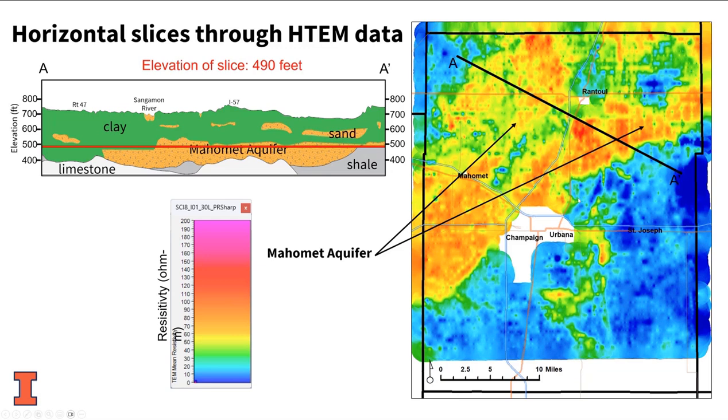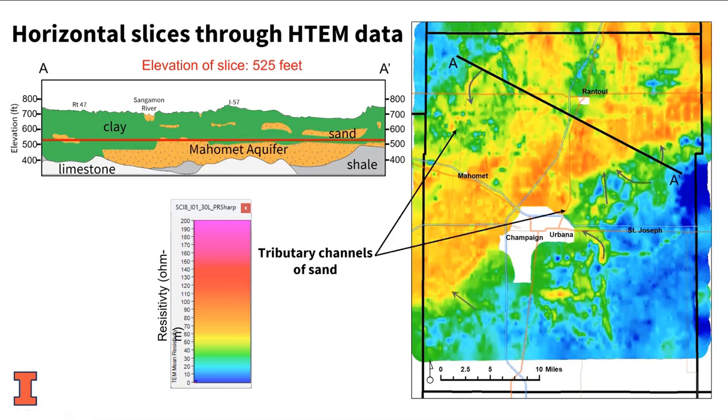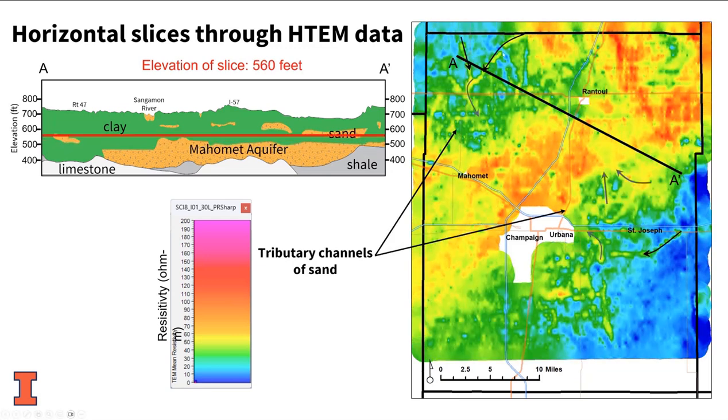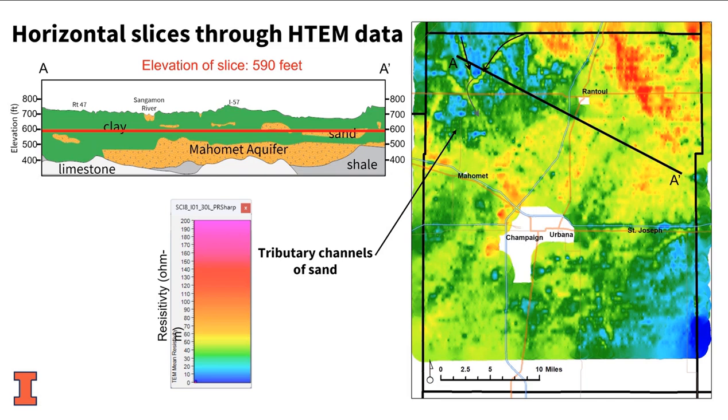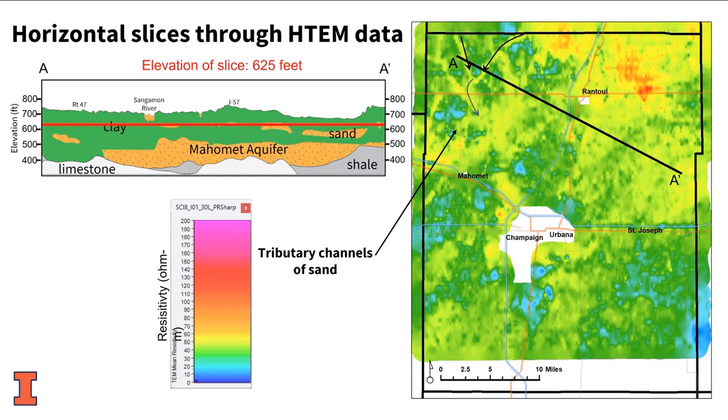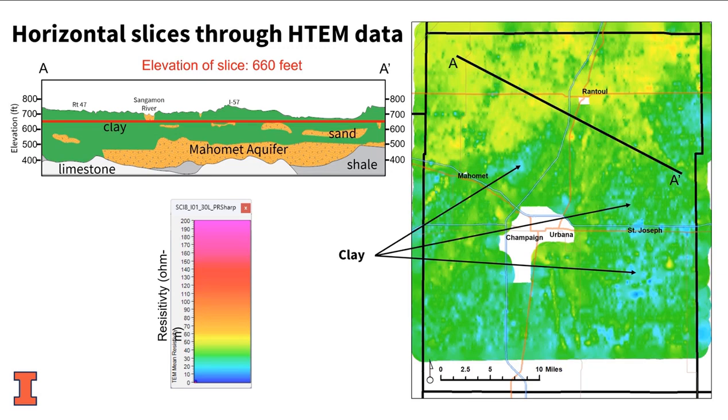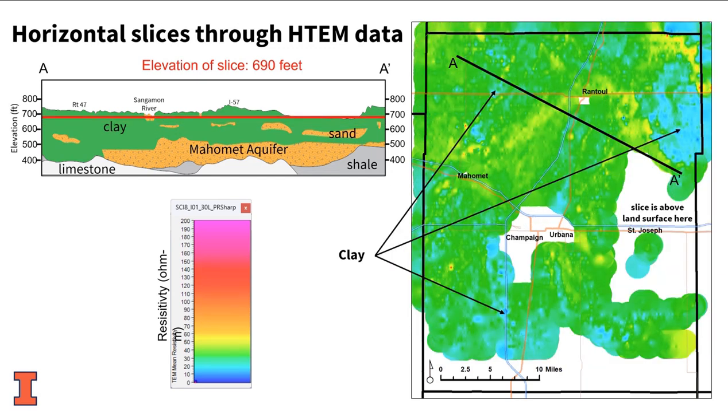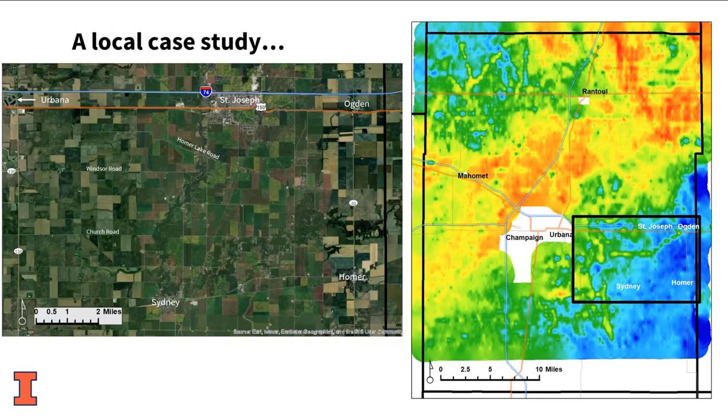And as we move up through that system, we start to see little channels of sand that are dumping into that aquifer from higher up. These are details that we've never, ever known were there. And as we move higher up, we get out of all those sands and we're more into the clay cap, where we get into the greens and the blues, and finally we're out of it.